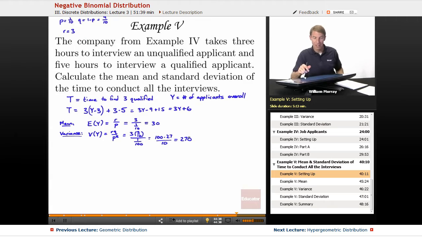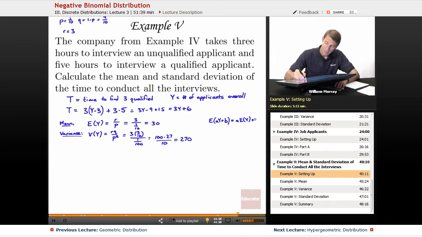In order to find the mean and variance of T, we have to remember a couple rules of probability here. So let me remind you what those were. The expected value of aY plus b, expectation is linear. So it's a times E of Y plus b.